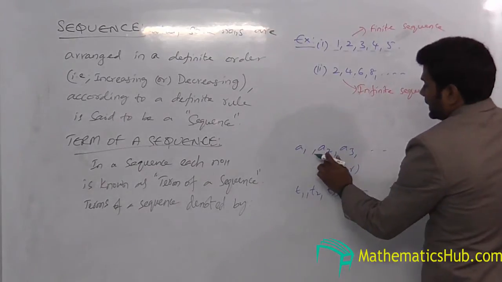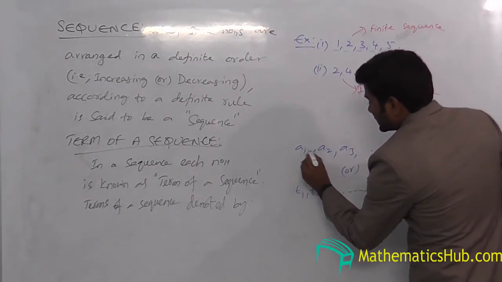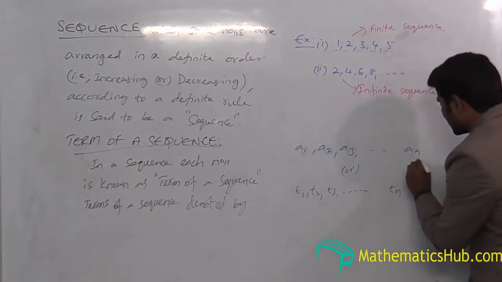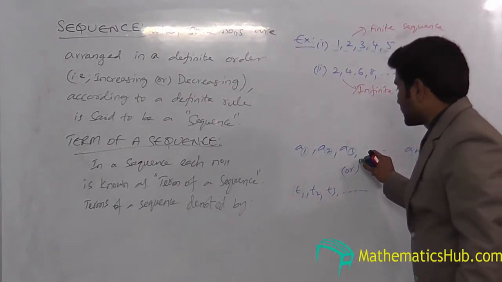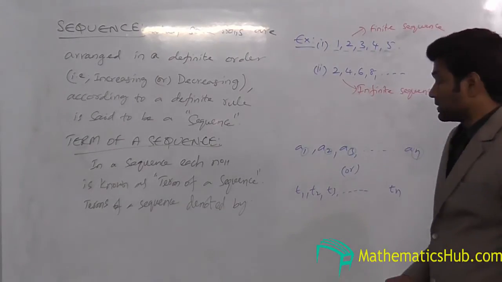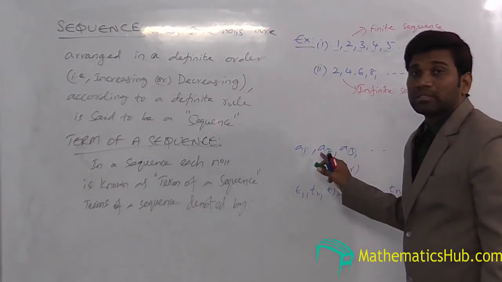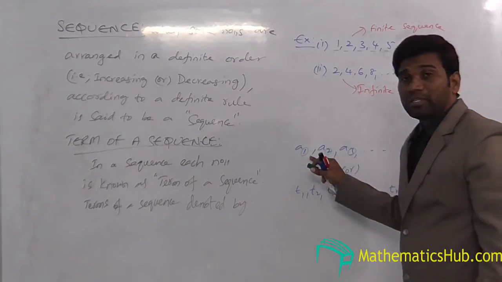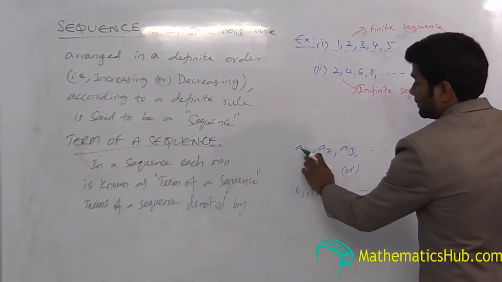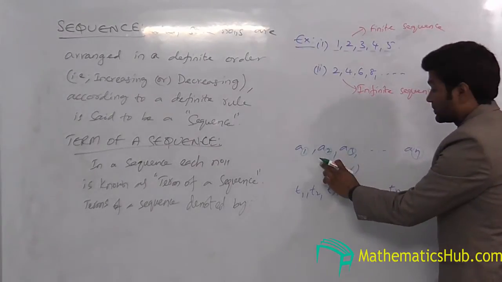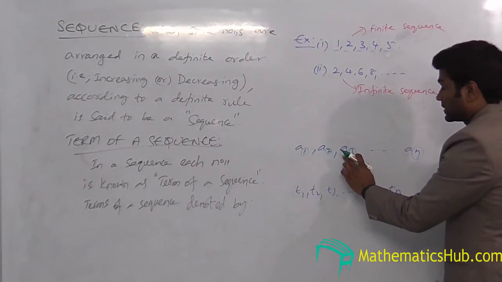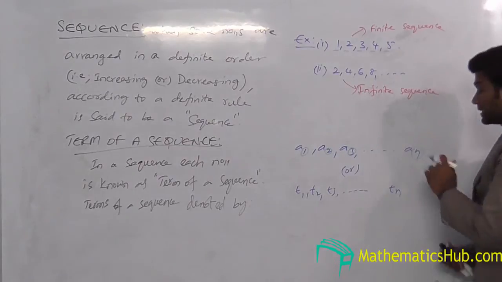In A1, A2, A3, this subscript denotes the position of a term, which means A1 means first term, A2 means second term, A3 means third term, An means nth term.